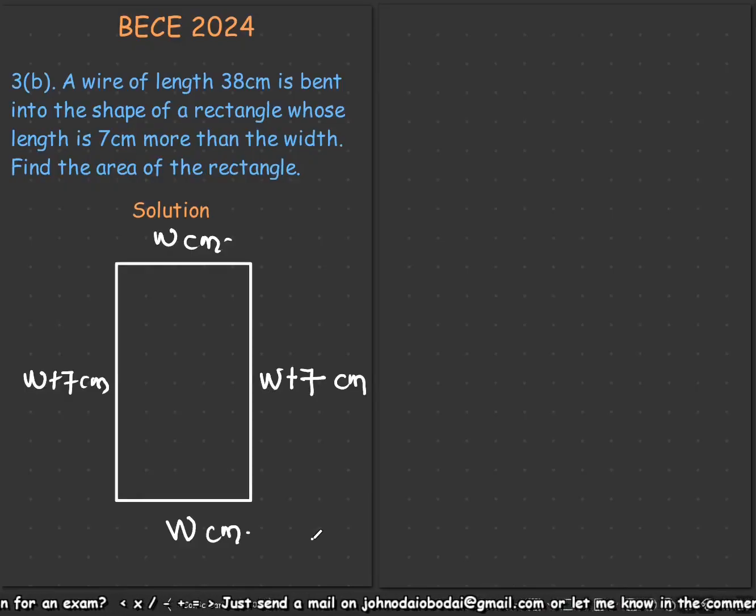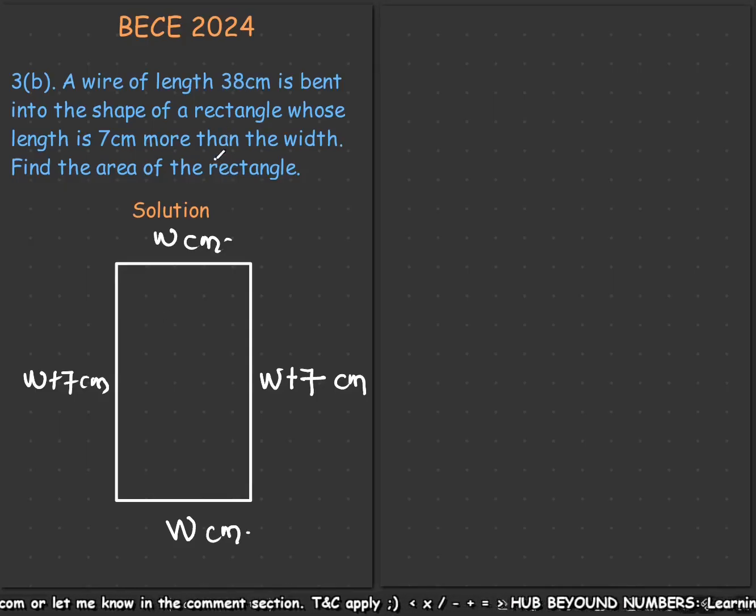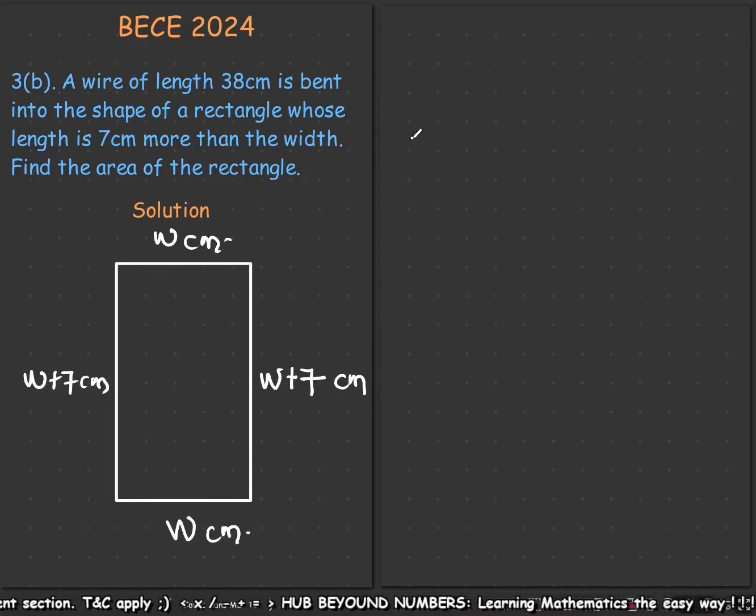We know for a fact that if we add all of this, we'll get the perimeter of the rectangle. But what actually is the perimeter? That is this 38 over here, because this is the wire out of which we got this rectangle. So the perimeter of the rectangle is 38.